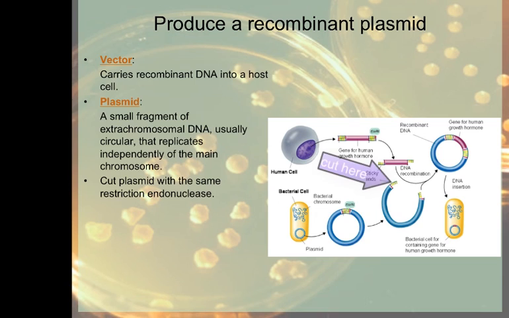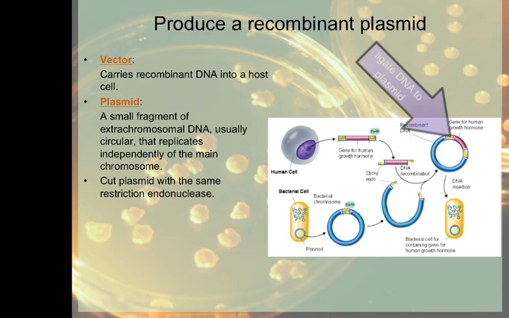We cut the plasmid at the same palindrome where we cut the original DNA, again using a restriction endonuclease. Because we cut a palindrome, it has the same letters at each end, and we can ligate or glue the recombinant DNA onto the plasmid.